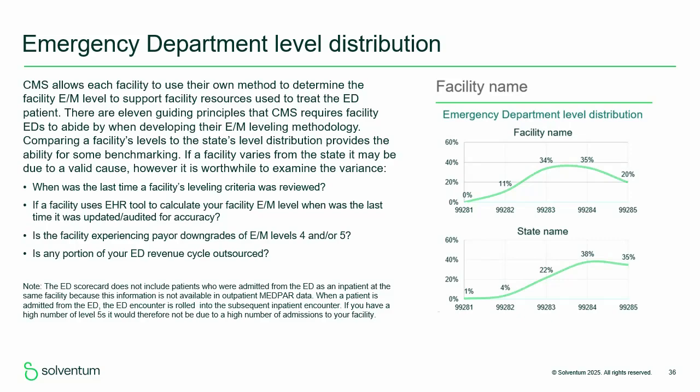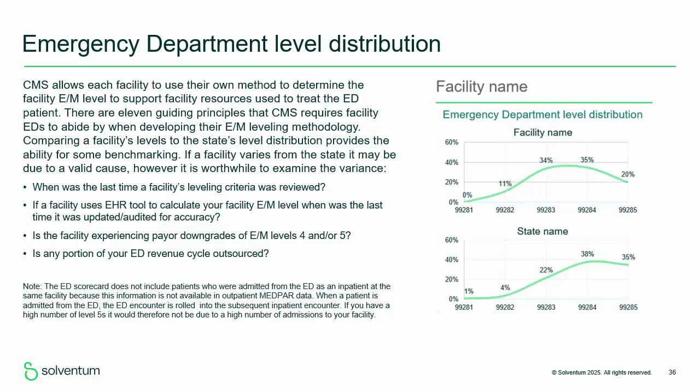There are 11 guiding principles that CMS requires facilities to abide by when developing their methodology. And comparing a facility's distribution to the state's distribution provides the ability for some benchmarking. And if a facility varies from the state, it may be due to the resources needed to provide care for their patient population. However, it's worthwhile to examine the variance.